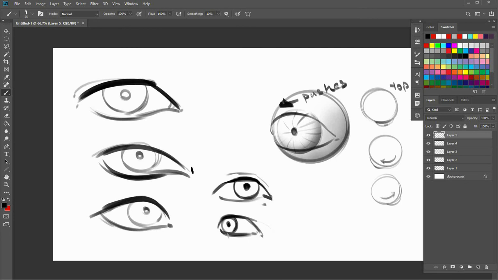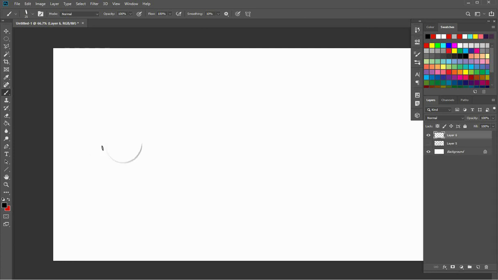As you can see, it changes the shape of the eyelid by changing the position. Now let's study the position of the cornea in different situations.